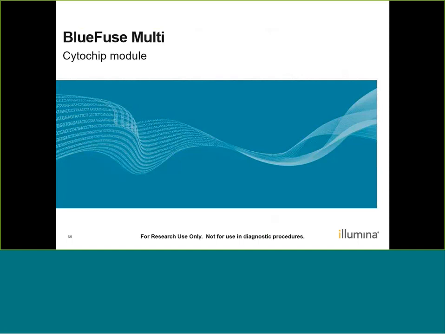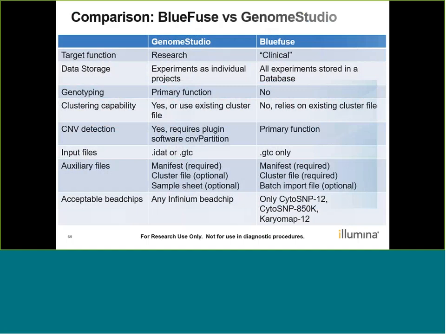So now let's look at CNV analysis in BlueFuse Multi. First, I want to compare BlueFuse to Genome Studio. Our target function for Genome Studio is research, while for BlueFuse, while it's not technically clinical, it is used in an environment where samples are being evaluated and data is being reported.